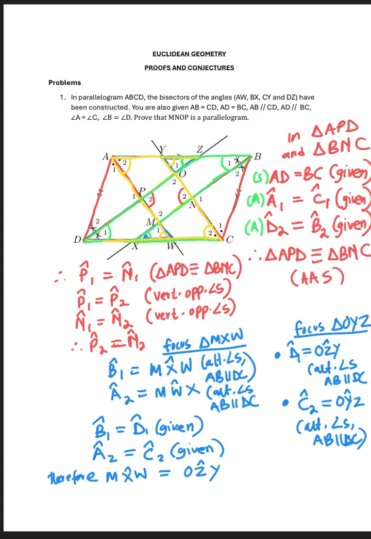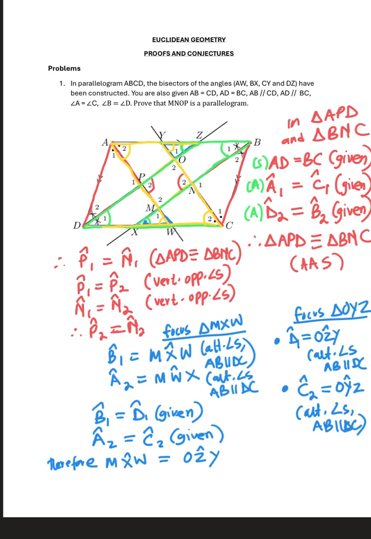But angle MXW is in triangle MXW, and angle OZY is in triangle OYZ. And then we can do the same with angle A2. Angle A2 is equal to MWX, so we can replace it. Angle MWX is equal to angle C2.